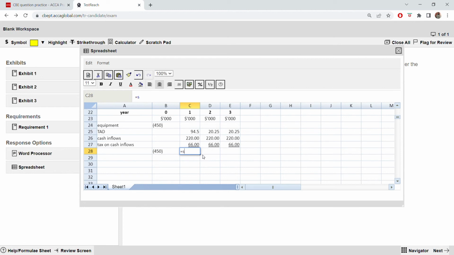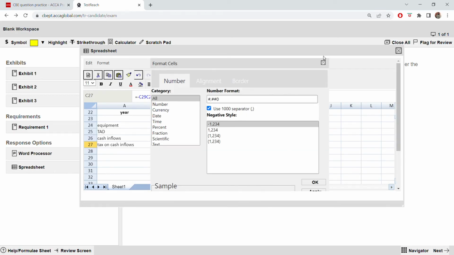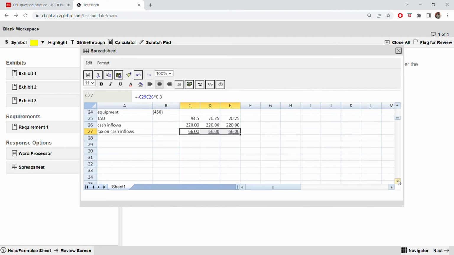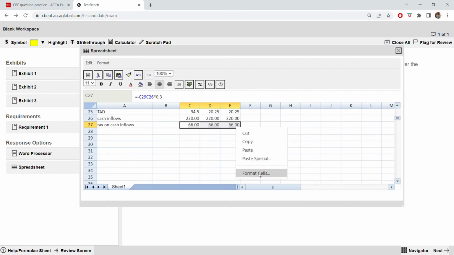Okay, sum. If this was in bracket or in minus, if you do the sum function, automatically it will do. Okay, one thing could be done. Change this to a negative figure. This needs to be changed to a negative figure. Go here, format cell.